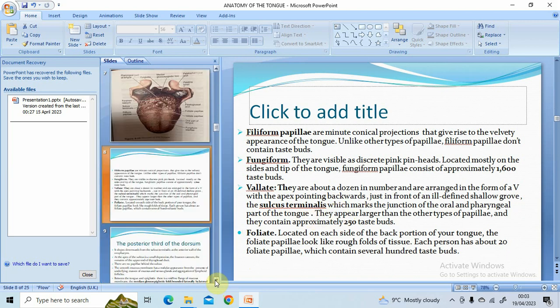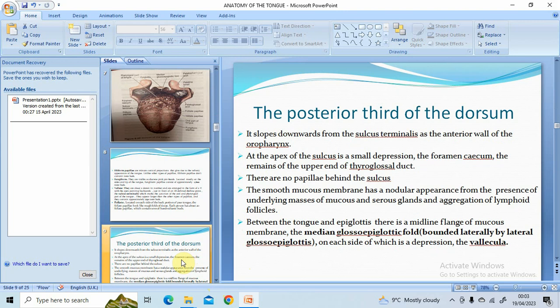Now let's look at the posterior third of the dorsum of the tongue. The posterior third slopes downward from the sulcus terminalis as the anterior wall of the oropharynx. Remember, the pharyngeal part of the tongue is the posterior third.